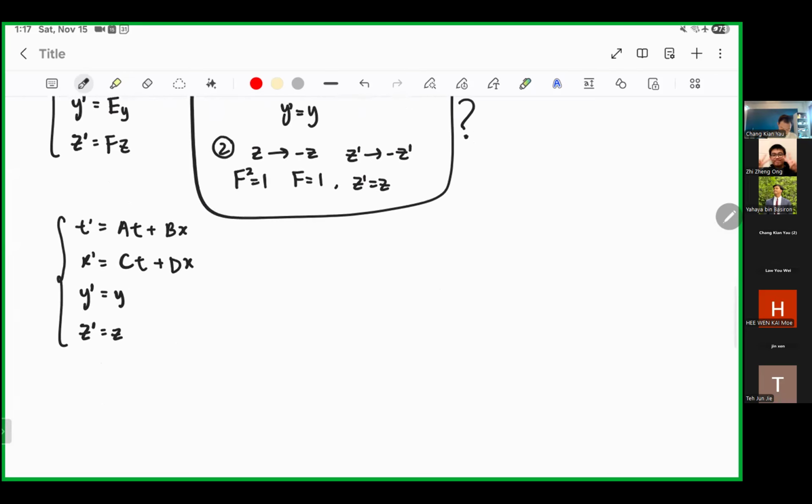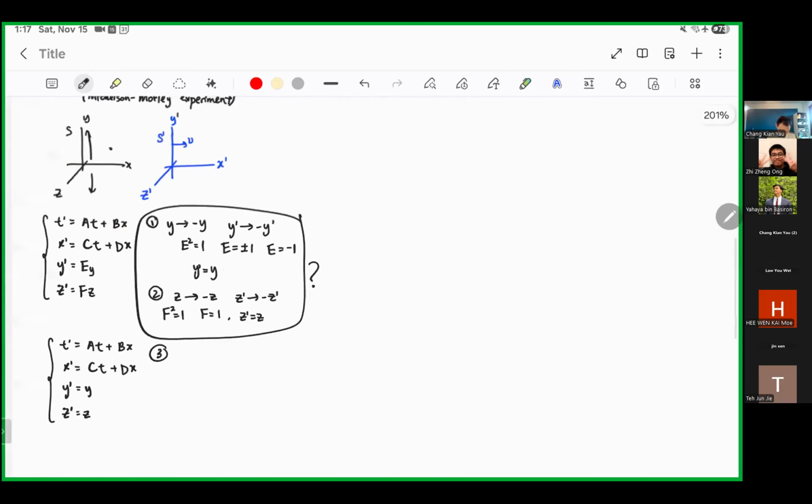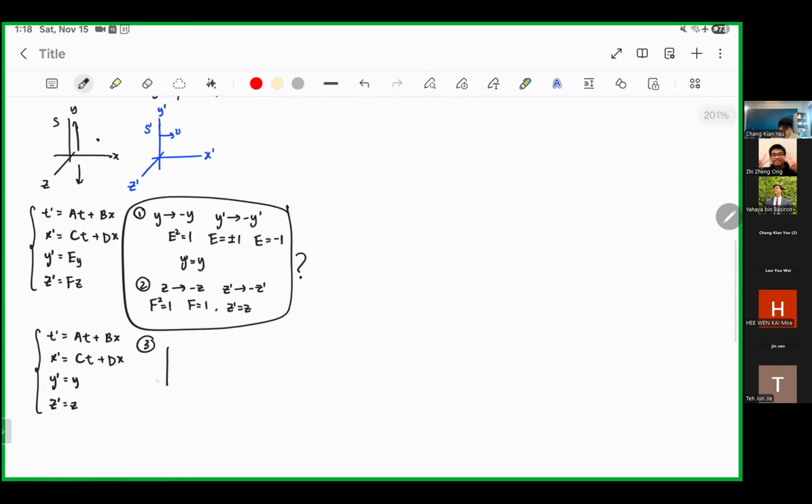Right, okay, so let's consider the case of, we can look back at the coordinates, right?